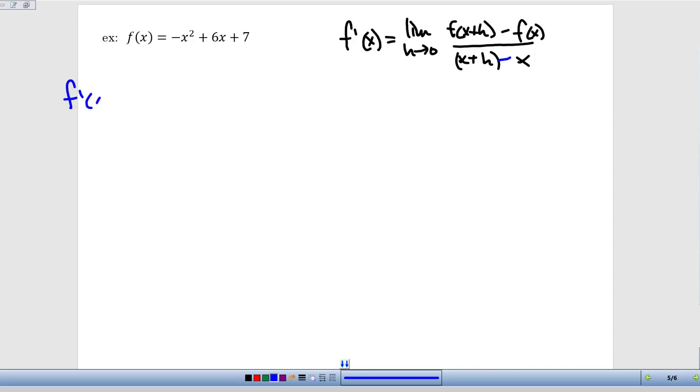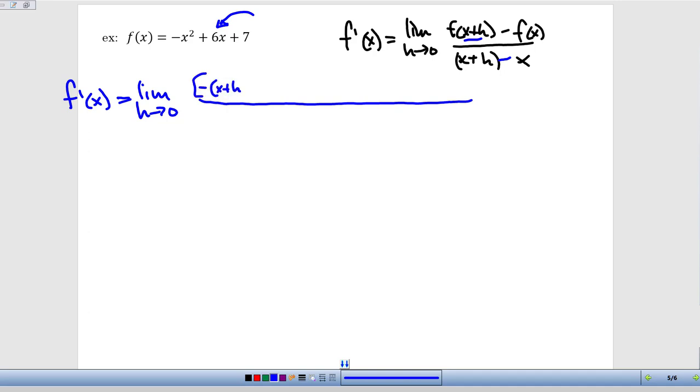So I'm going to now get specific to our function here. So the limit as h approaches 0 of, now I've got to plug x plus h into this function here. So we're going to have negative (x plus h) squared plus 6 times (x plus h), and then plus 7.